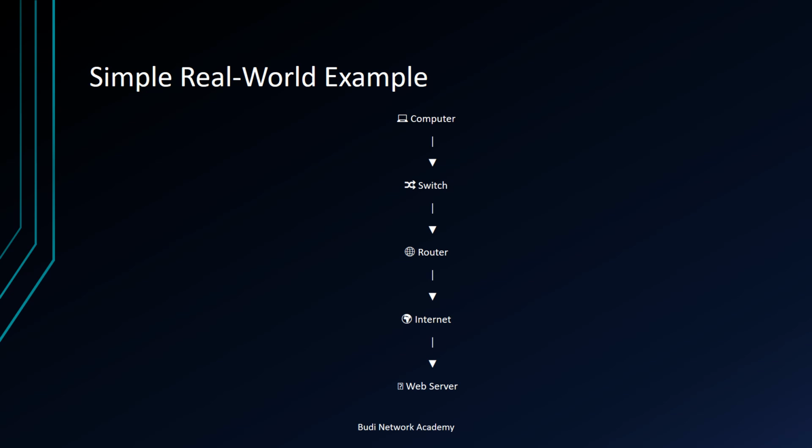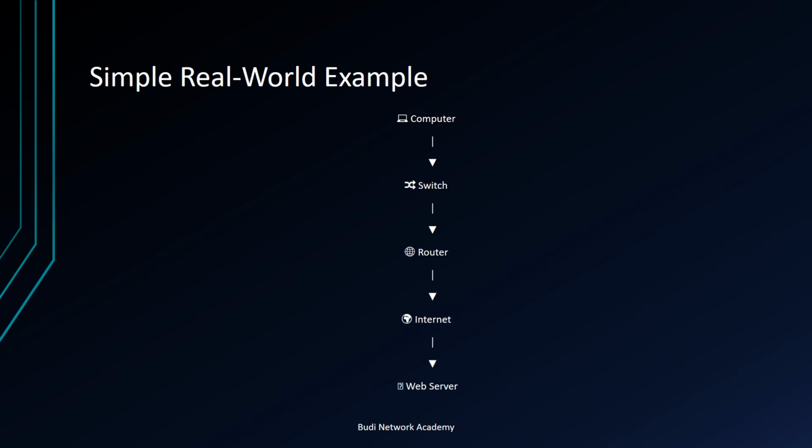Let's put everything together with a simple real-world example. Imagine you are using your computer to open a website. At the physical layer, data is transmitted through cables, fiber, or wireless signals. At layer 2, Ethernet and MAC addresses are used for communication on the local network. At layer 3, IP addresses and routing help move the traffic between networks.